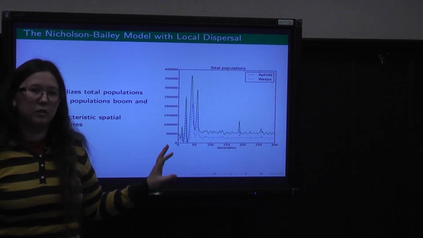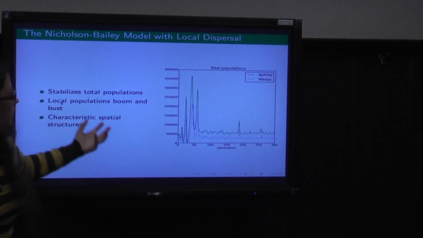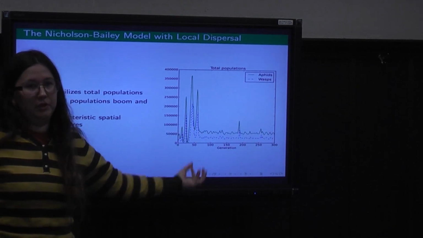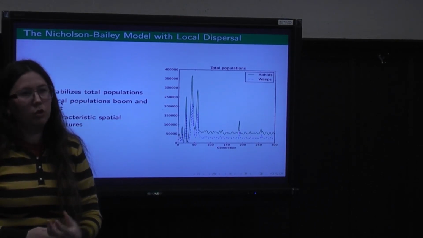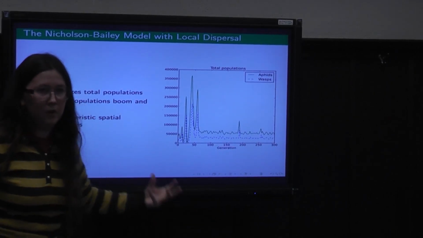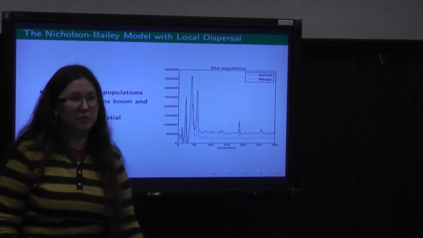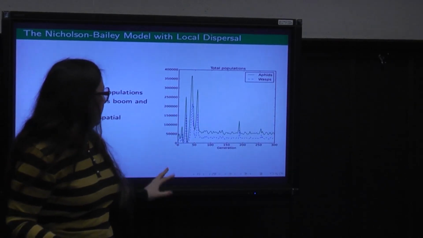It does depend on the regions of parameters, but in general, if you've got a big space and local dispersal, you see things that you don't see in the quick little boom and bust extinction of local places. Total populations, if you summed up all the population densities over the whole space, get pretty stabilized, right?